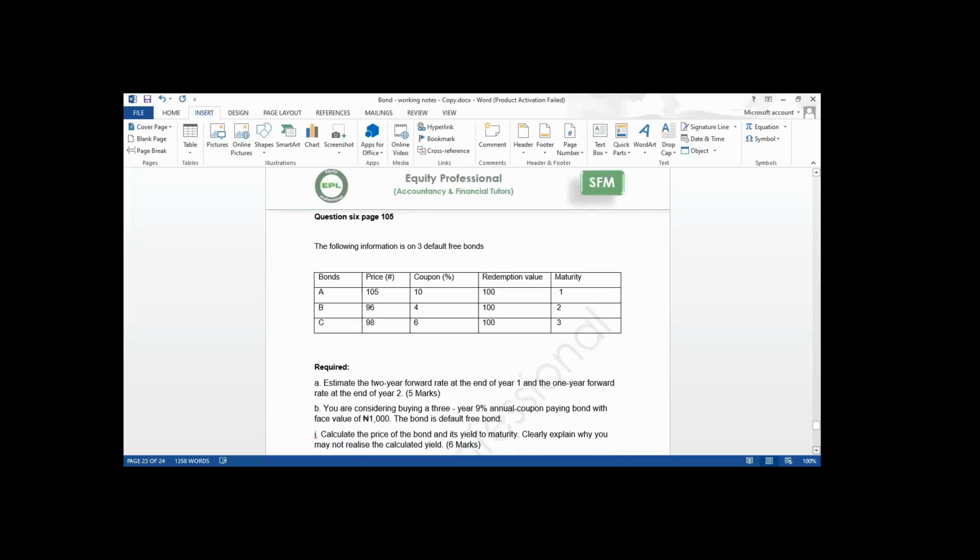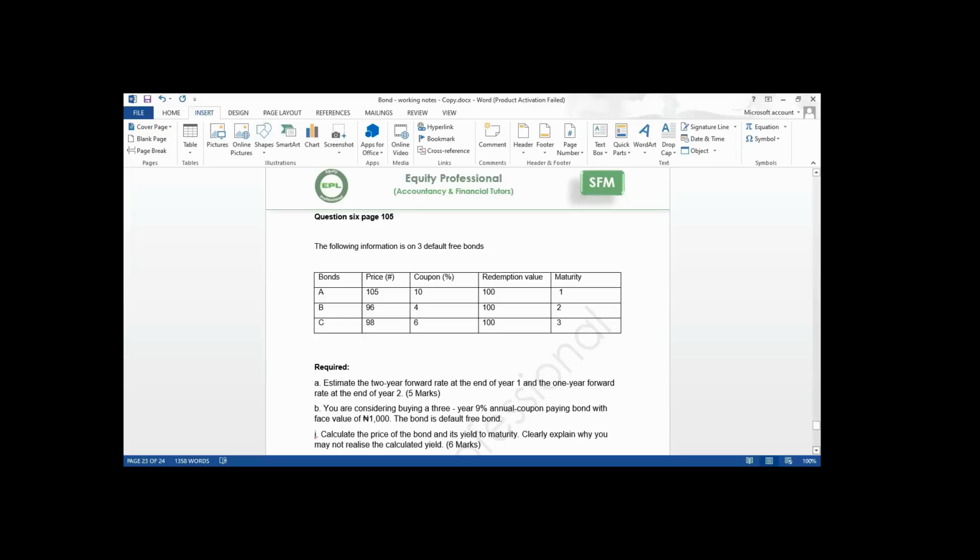So you are given 3 default free bonds, A, B, C. You are given the price of each of the bonds, the coupon rates for each of the bonds, the redemption value for each of the bonds, and the maturity of each of the bonds.